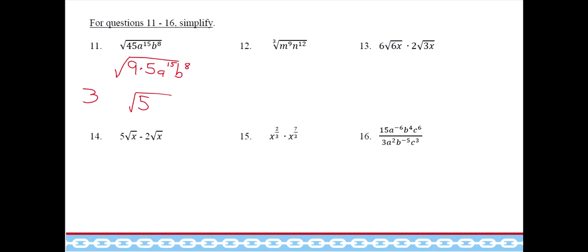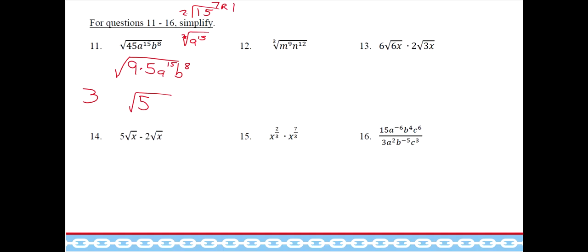For the square root of a to the 15th, if I want to look at just this part, I am going to take the exponent of 15 and divide it by 2 because this is a square root. So this n value of 2 is what I divide all the exponents by. 15 divided by 2 is 7, remainder 1.